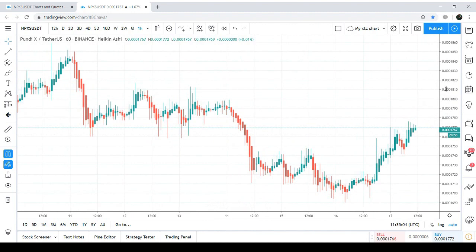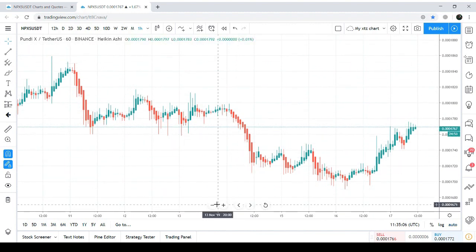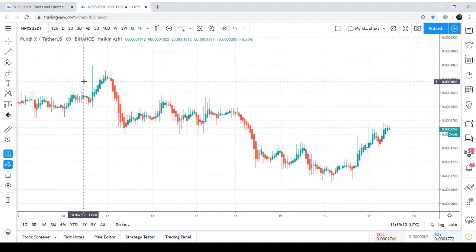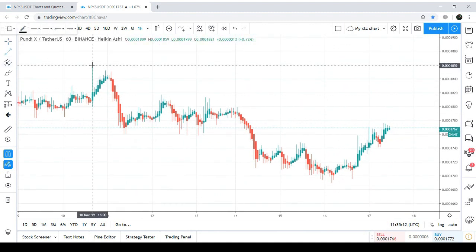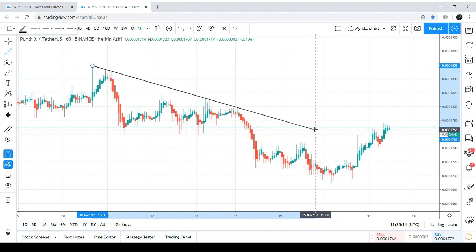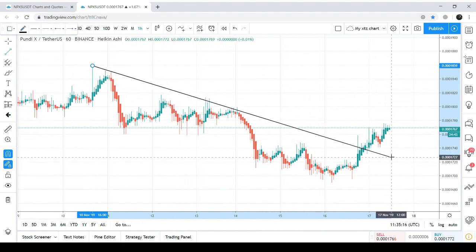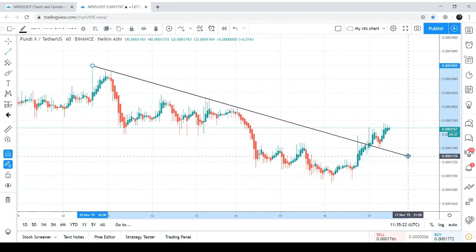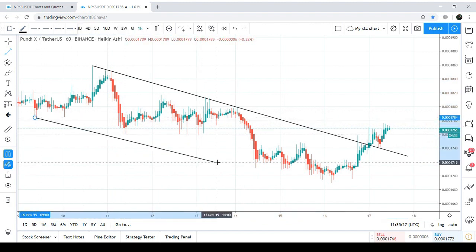And this is a 1 hour chart, and we can see since 10th of November from here, the price action was moving within a down channel, and this was the upper resistance of the channel, and this was the support.